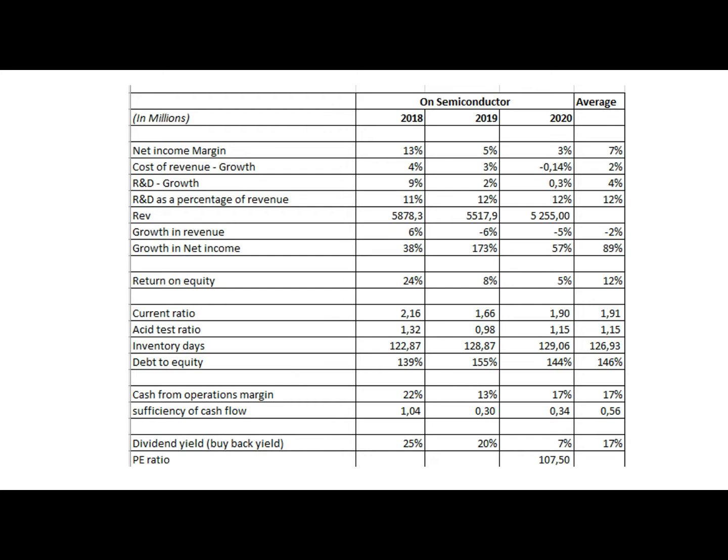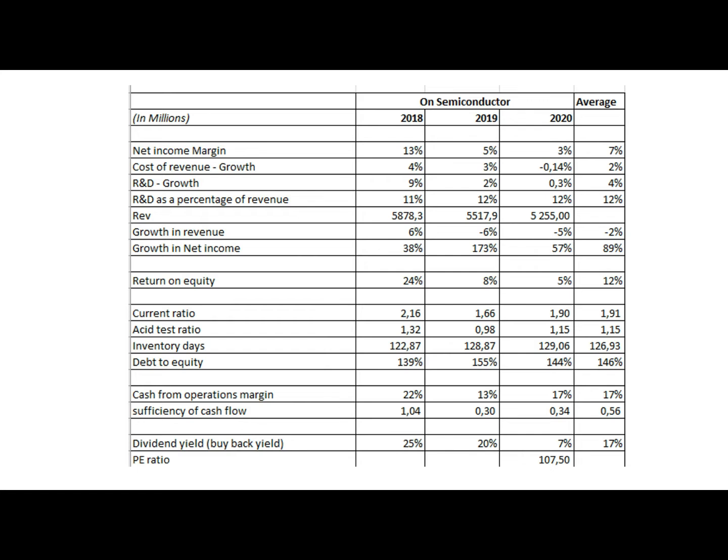On Semi, manufacture of semis, mainly to be supplied to the automotive industry. All right, low profitability margins, as you can see, and they have been declining. So low profitability margins, but that's because it does operate in a low margin sector of the industry, which is highly competitive, by the way.